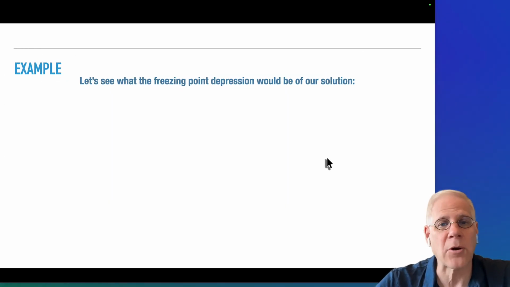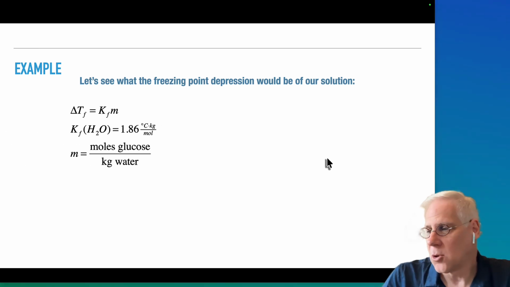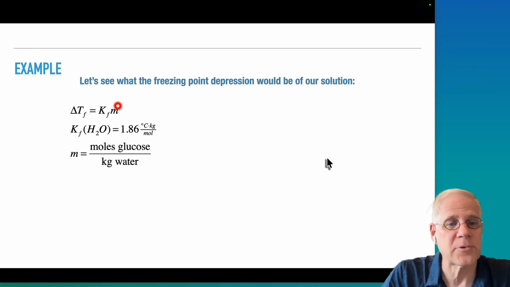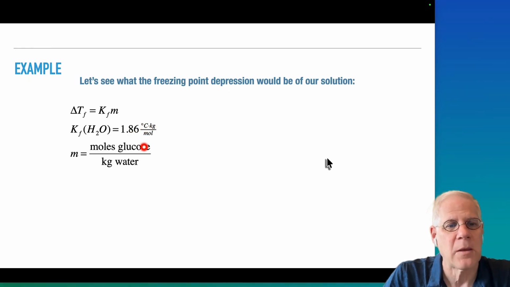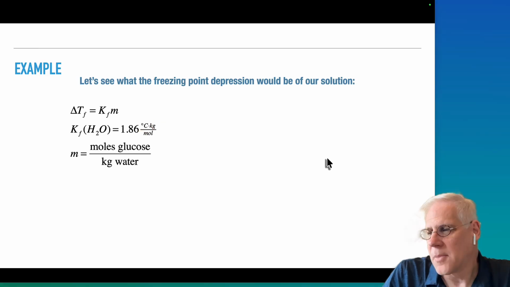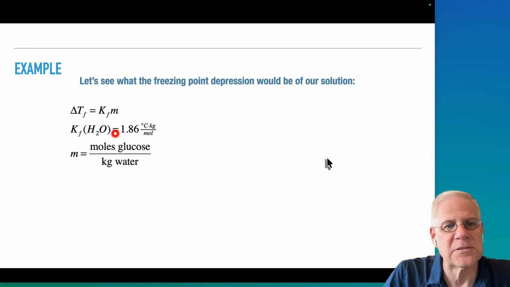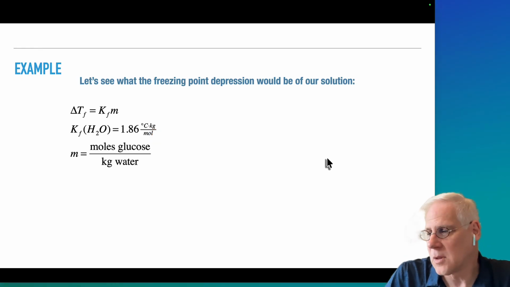So let's go back to our glucose solution here. We have our same or close to same equation that we had earlier. Delta TF is equal to KFM. Our freezing point constant is 1.86 degrees Celsius kilogram per mole.